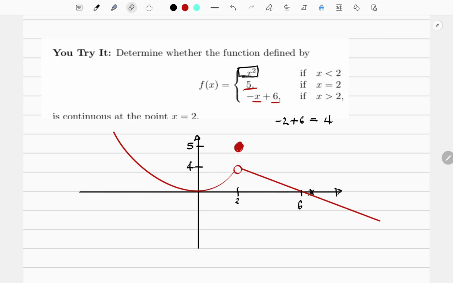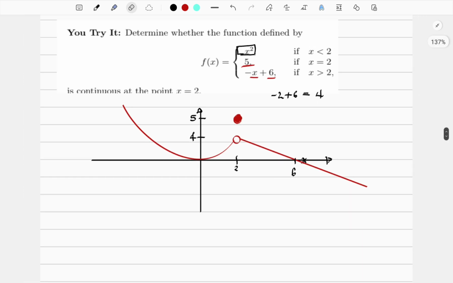So we want to test whether the function is continuous at x is equal to 2. We are going to just use what we were doing before. We're going to test the 3 conditions. So the first condition to test, we ask ourselves, is f of 2 defined?